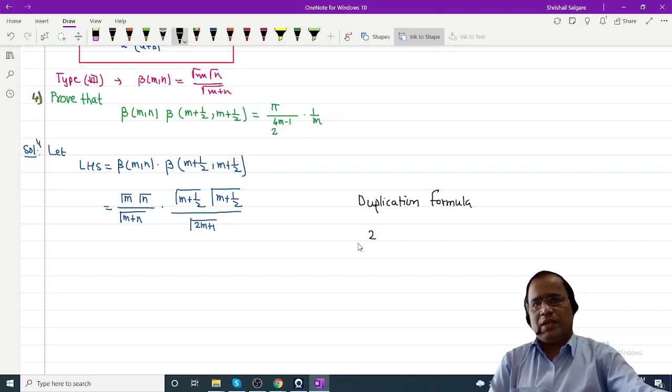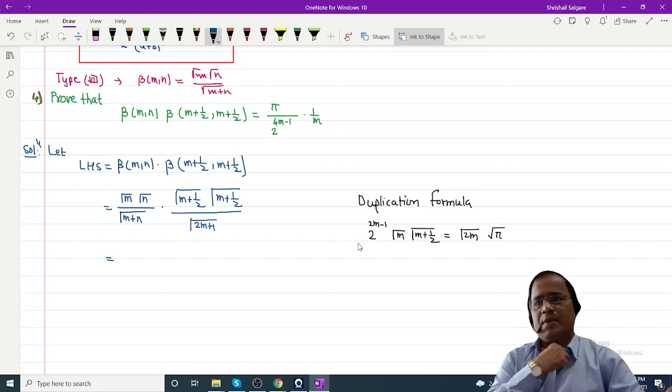It is 2 raised to 2m minus 1, gamma of m into gamma of m plus 1 half, and that can be written as gamma of 2m into root pi. You should recall these. So suppose in the numerator, one is gamma m and one is gamma n.